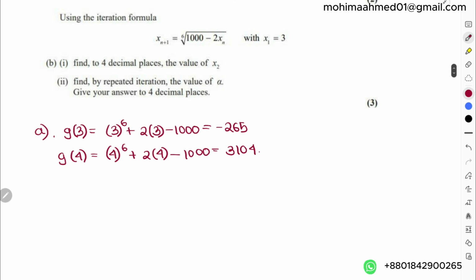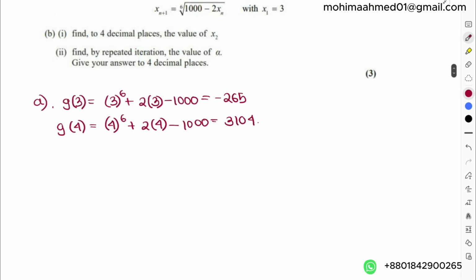So you can see that there is a change of sign, and as g(x) is continuous, obviously the root must lie within the range of 3 and 4. So we can say that there is a sign change. I think I have that statement entirely copied over here.